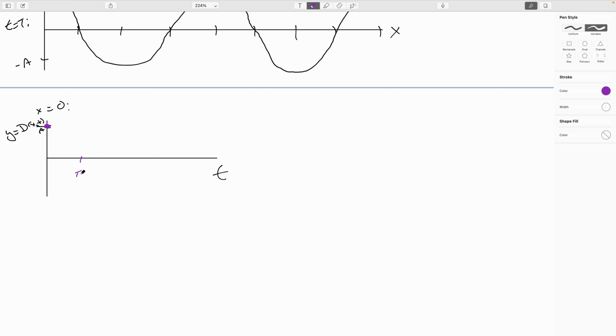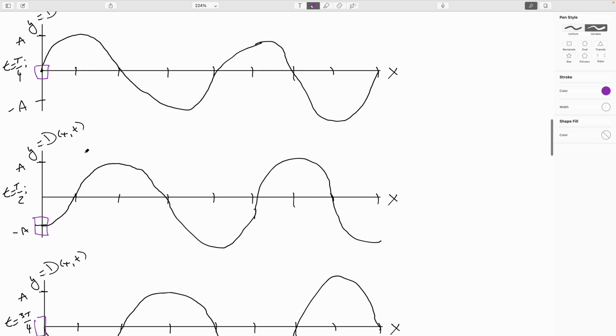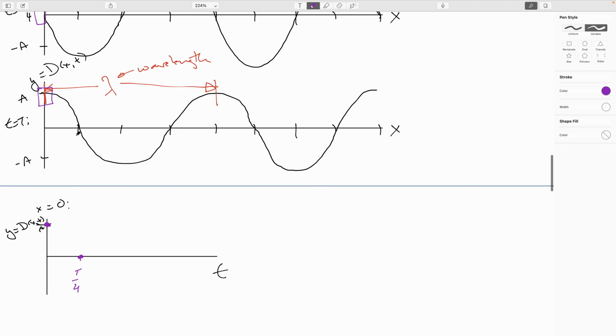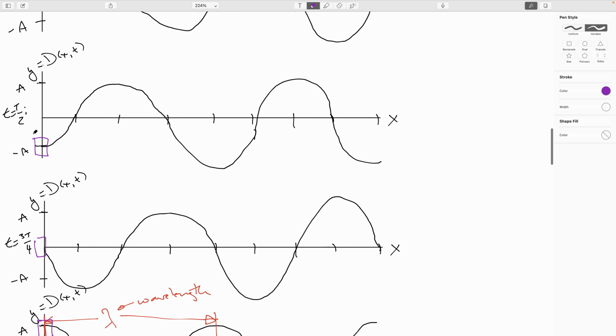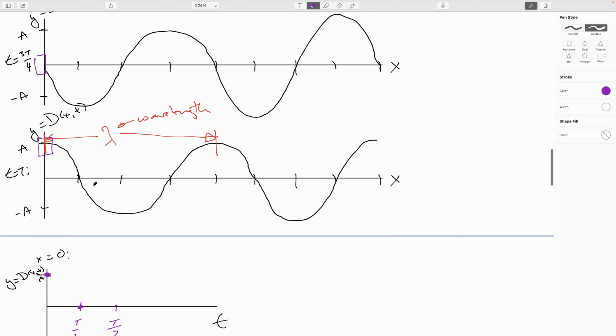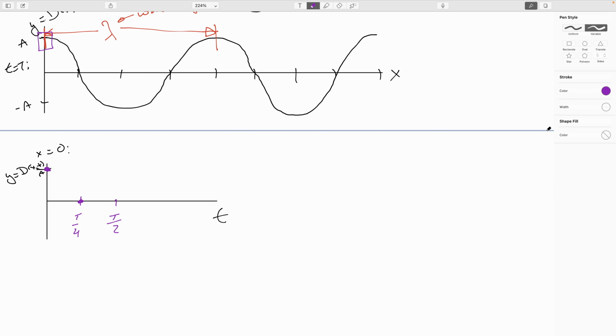At time capital T over 4, if we go take a look at there, at x equals 0, my bead is sitting at 0. Not the origin necessarily. Sitting at 0. At time capital T over 2, my bead is sitting at negative a.